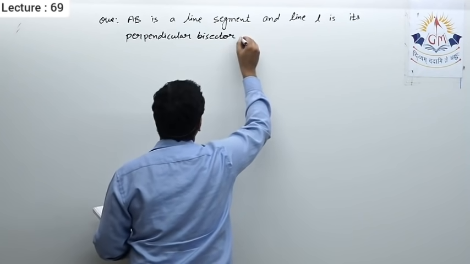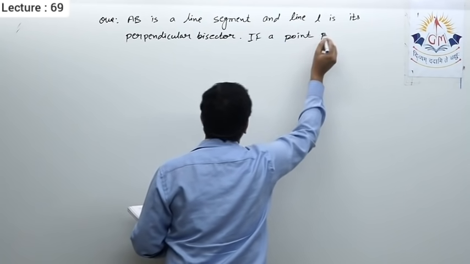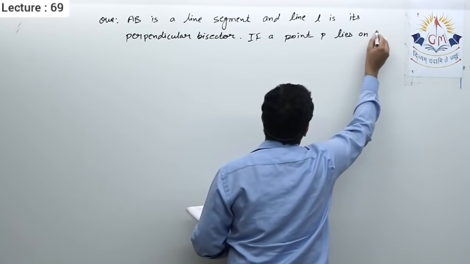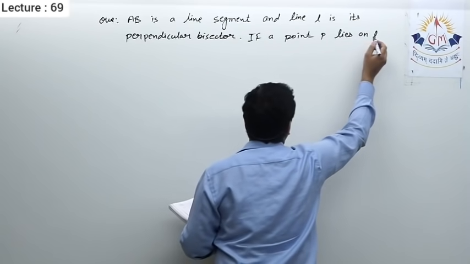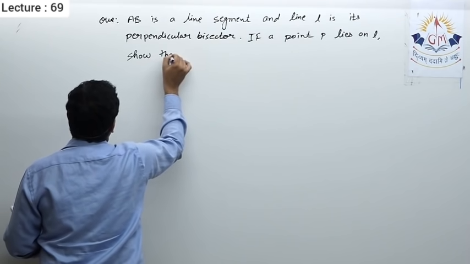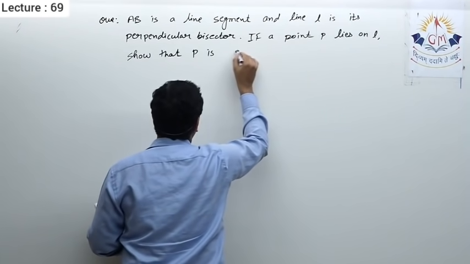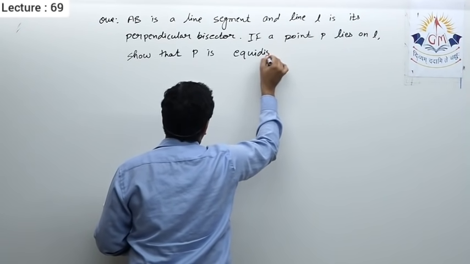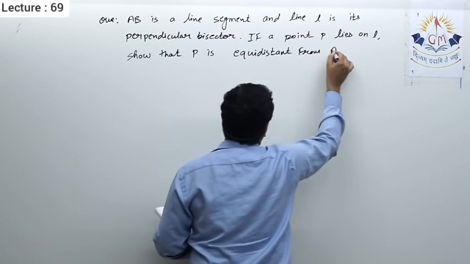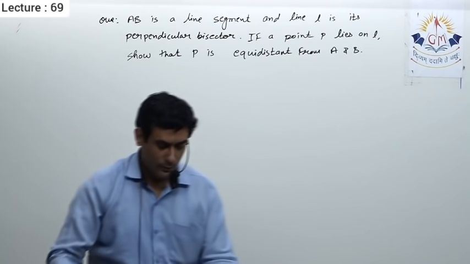If a point P lies on L, show that P is equidistant from A and B.